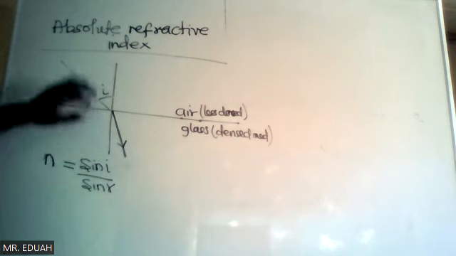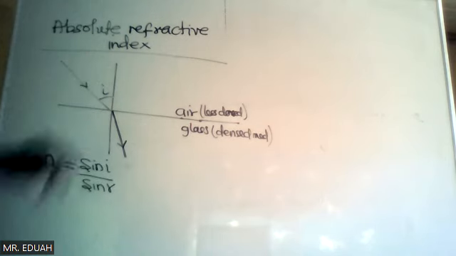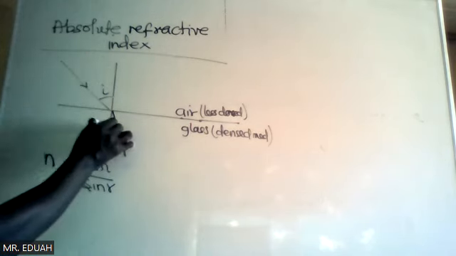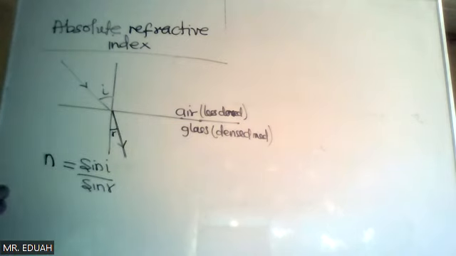Don't forget, I is angle of incidence. R is angle of refraction. So the I and R mean direction. They are angles. Angles give a certain direction. So over here, we are expressing the refractive index in terms of direction.